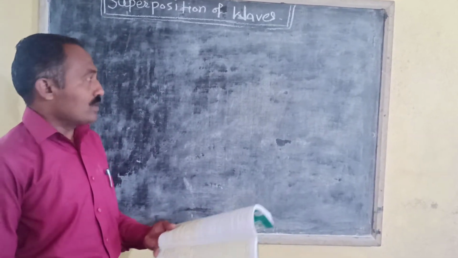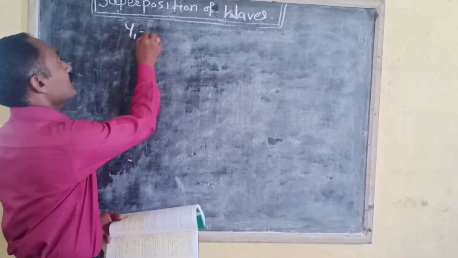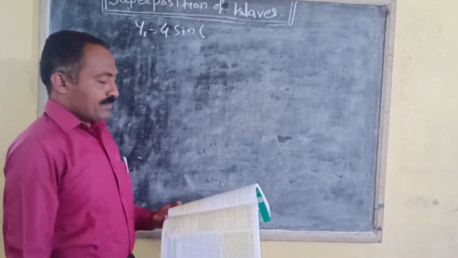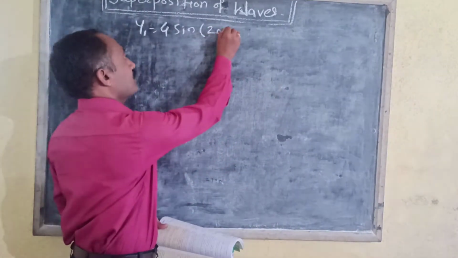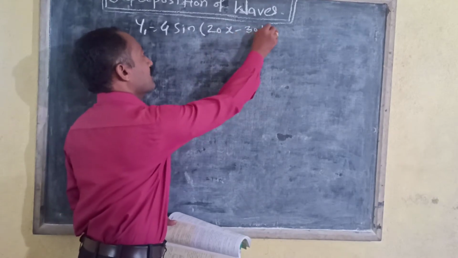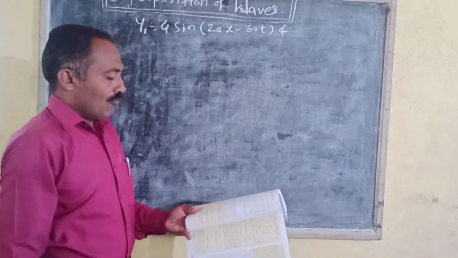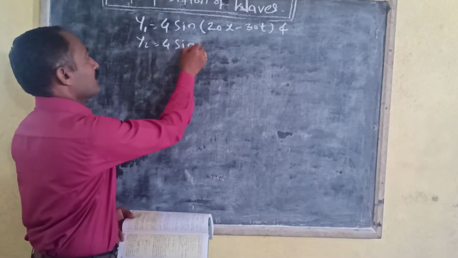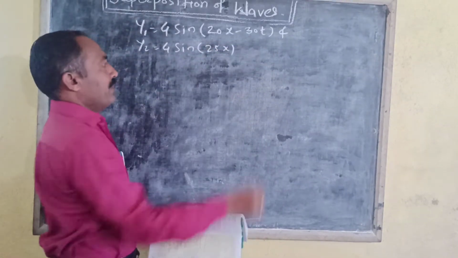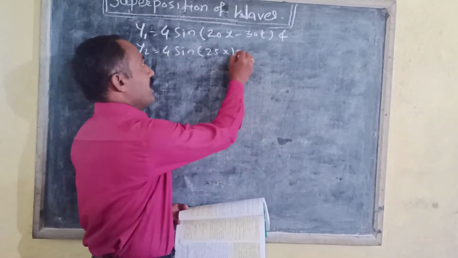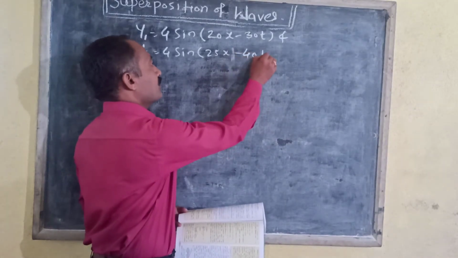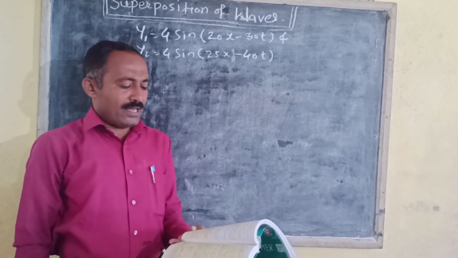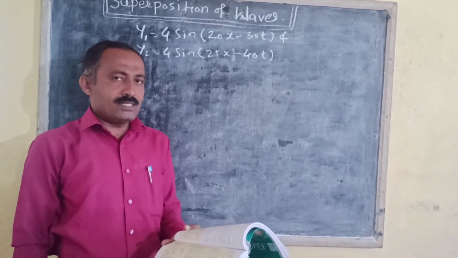Y1 is equal to 4 sine (20x minus 30t) and y2 is equal to 4 sine (25x minus 40t). These two equations are given. X and y are in centimeters and t is in seconds.